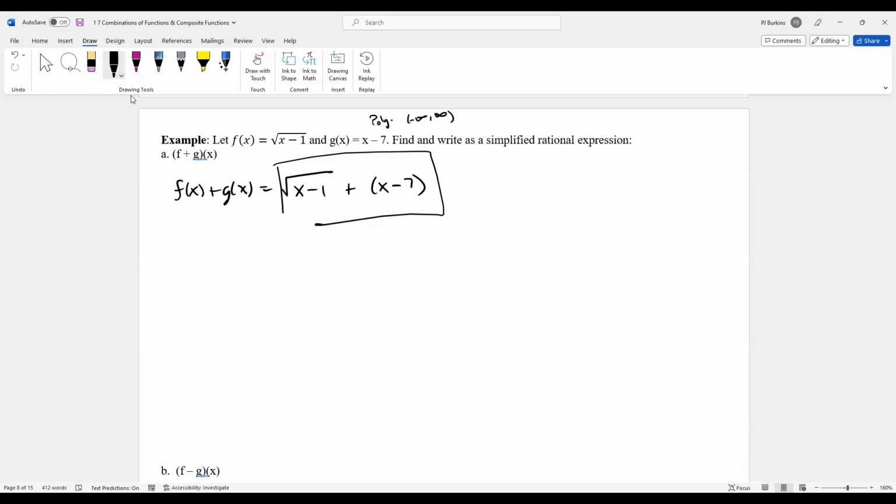So x minus 1 has to be greater than or equal to 0, or x has to be greater than or equal to 1. So for that one, the domain is 1 to infinity. This function is going to follow that as well, so its domain is 1 to infinity.